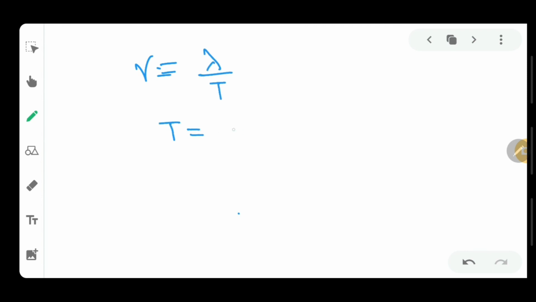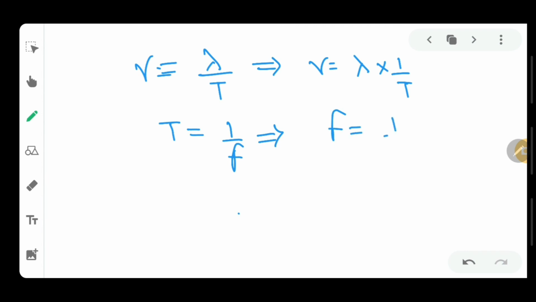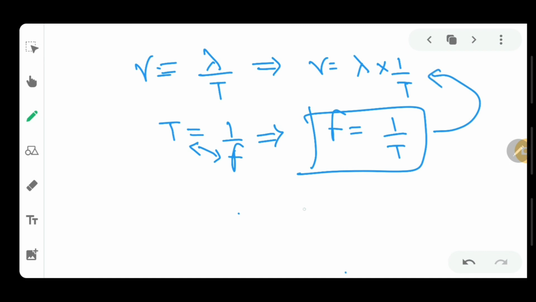We have t is equal to 1 upon f. So we can write v is equal to lambda into 1 upon t. From this, f is nothing but 1 upon t, right? You just exchange the position from LHS to RHS. Now compare, and you will find that v is equal to lambda into f, where I have replaced 1 upon t with f. So v is equal to lambda into f.